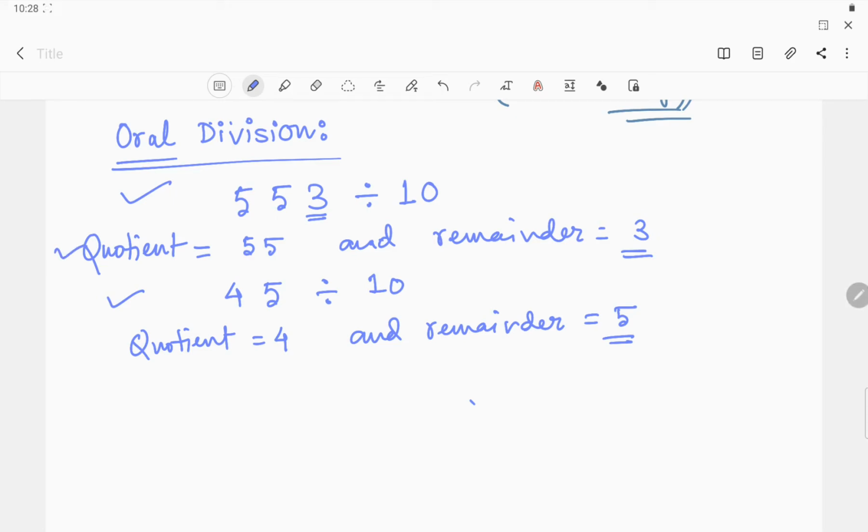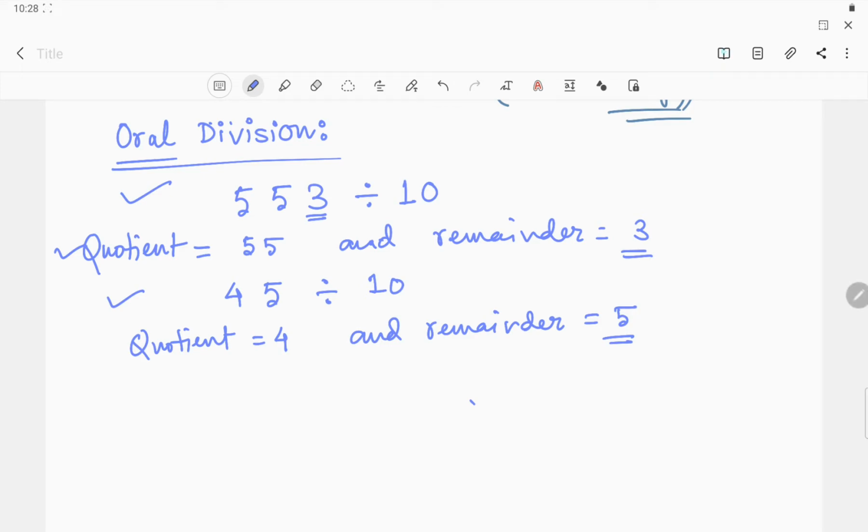For this 3-digit number, the first 2 digits are the quotient and the last digit, the digit in the ones place, is your remainder. Similarly, for a 2-digit number, the last digit is your remainder, and the remaining part, the first number, is your quotient.